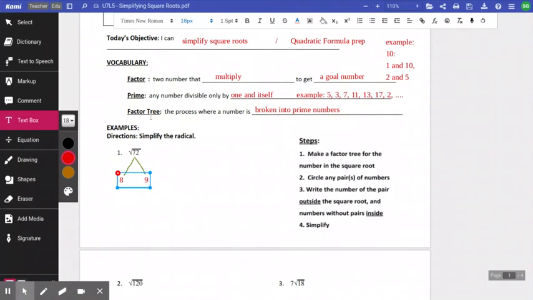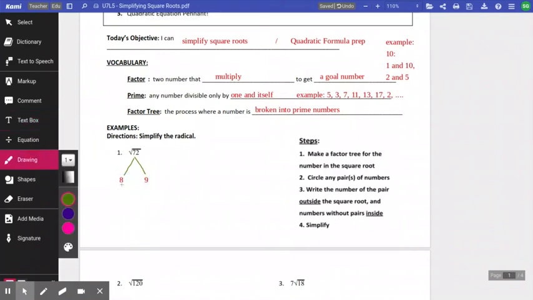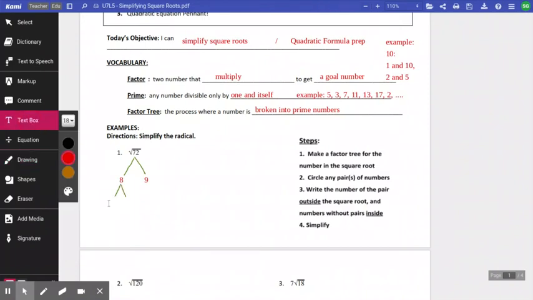Now, the way the factor tree works is you are going to keep going. You are going to keep making more and more of these branches with factors of these numbers until you are only left with prime numbers, which is why we said a factor tree is the process where this number is broken into primes. So if I wanted to keep going, I'm looking at 8. 8 is not prime. I can think of another pair of numbers that multiply to give me 8.